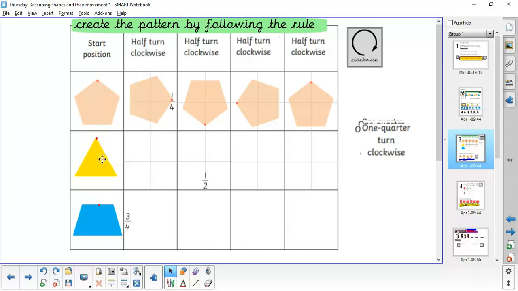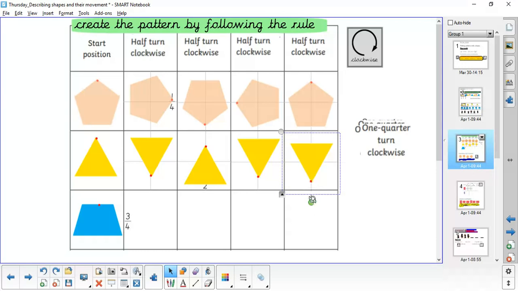So if I have a half turn clockwise, a half turn, let's just make that nice and straight. And then it says half turn clockwise again. And then another half turn clockwise. And then another half turn clockwise. And that's my pattern there.